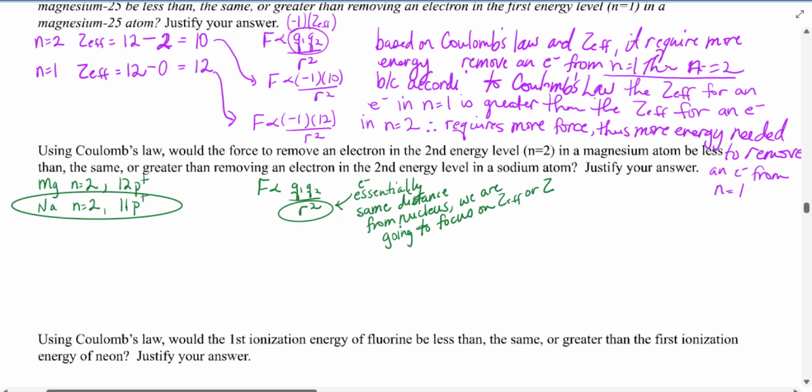Therefore, the electron will exhibit less force to the nucleus, less of attraction. Okay? So, according to Coulomb's law, because we have to use Coulomb's law.